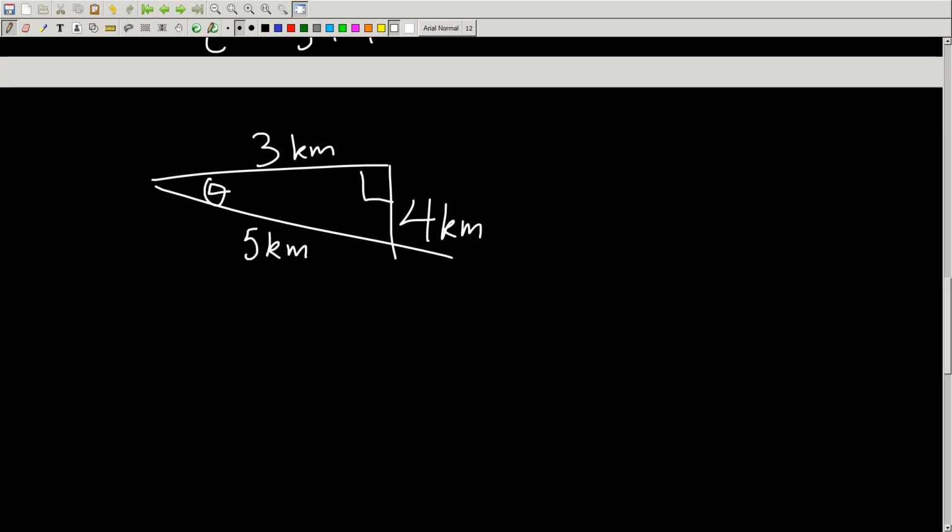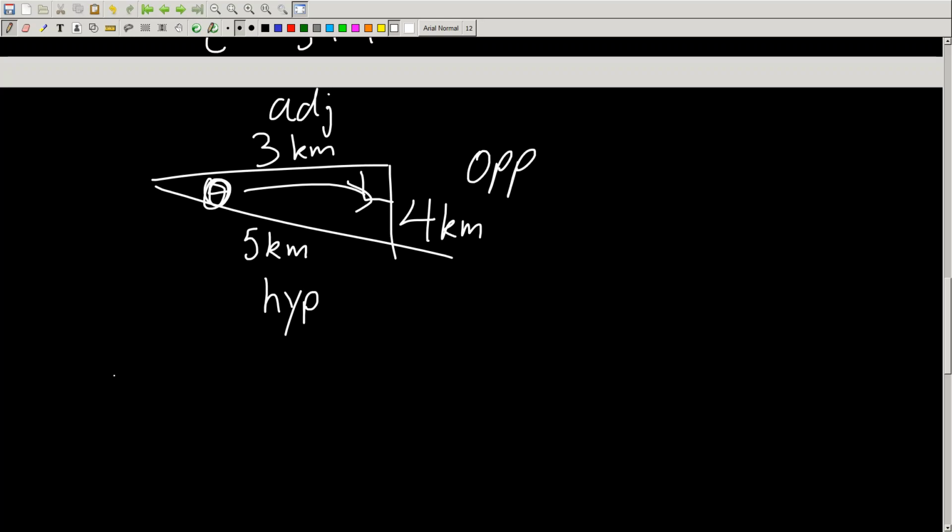And I want to find this angle, angle theta. What I would first do, using that angle, is label the sides. So 4 is opposite theta, so I call this side opposite. This guy is obviously the hypotenuse, and then I would use this guy as adjacent.